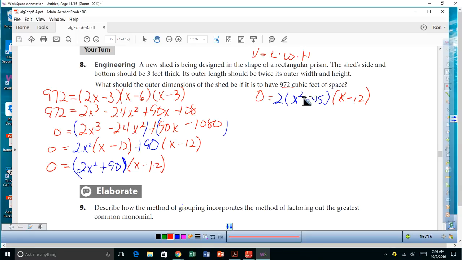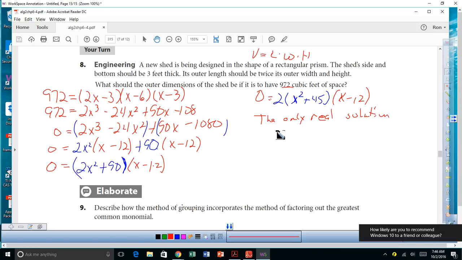Actually, this makes it kind of easy, because x squared plus 45 is irreducible. So your only real solution is x equals 12.